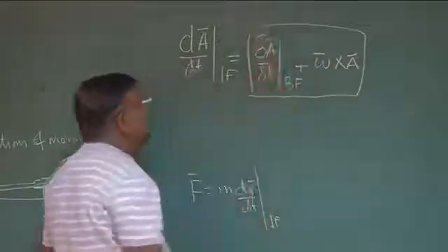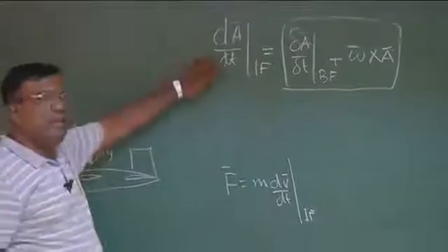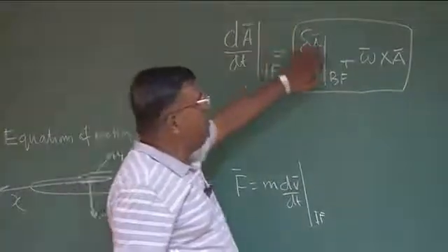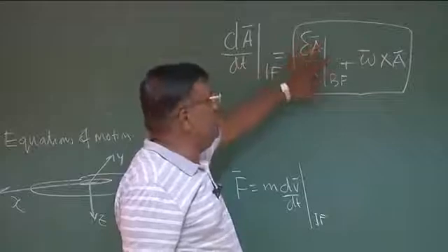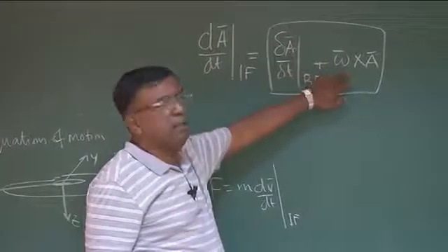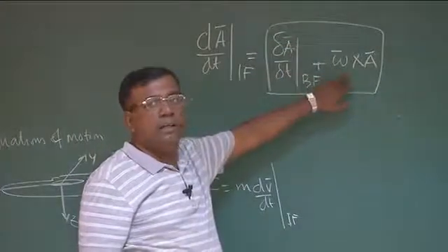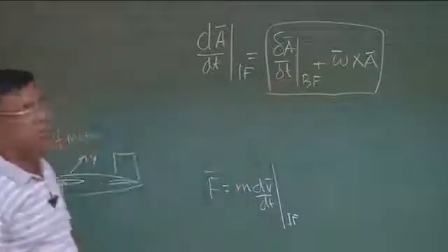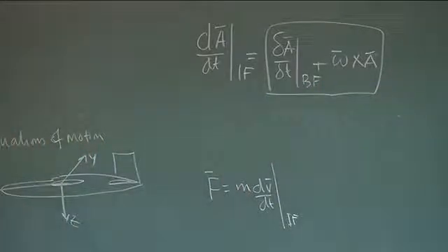What is the message? Either you work in the inertial frame, or if you want to work in the body frame, which is our motivation, you can work provided you give this correction, omega cross A. Right? And that is how the equations of motion were developed. This is a subtle understanding you must have. Okay?